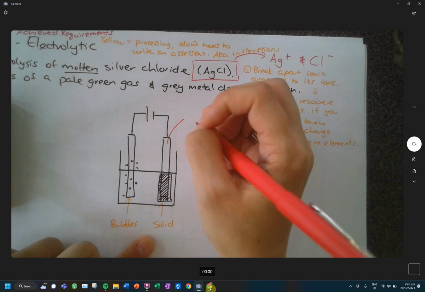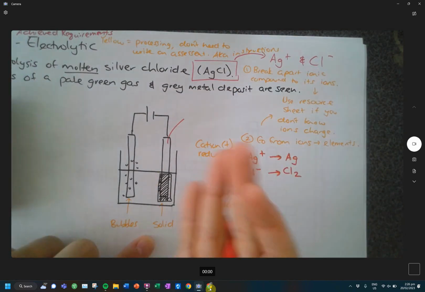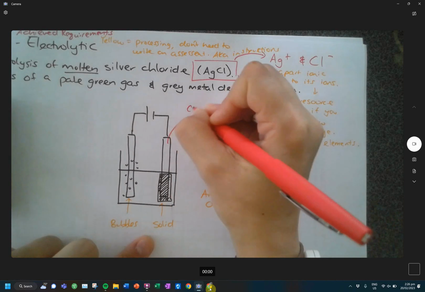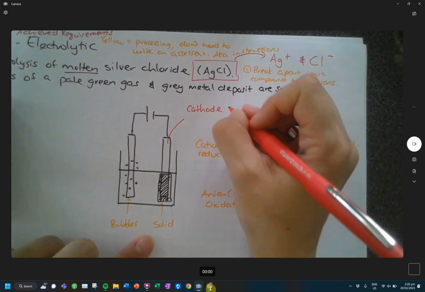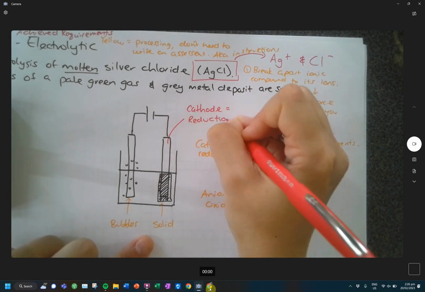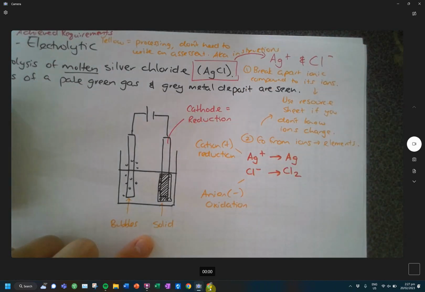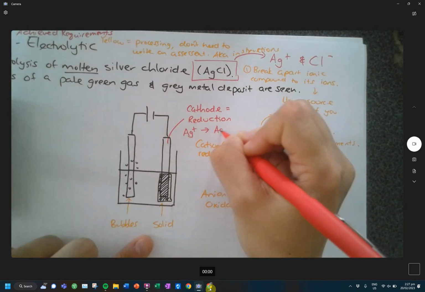This electrode on my right is my cathode. And remember, your cathode has reduction. And your Ag plus is becoming Ag.